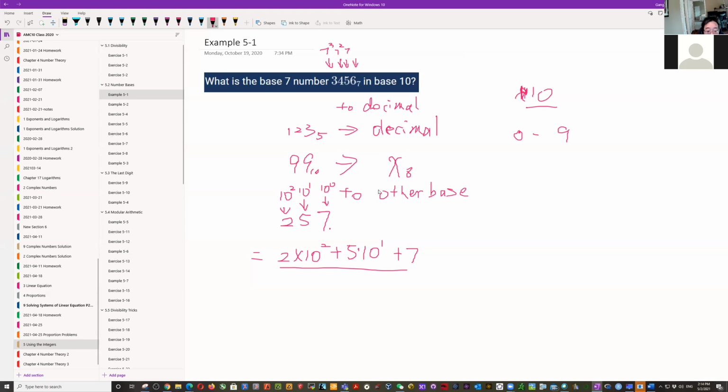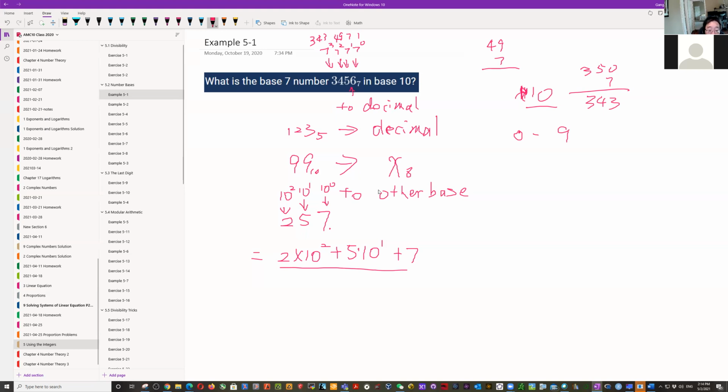To convert this into base 10, the easiest way is to just label it. If you have a different number system problem, label from the unit place: 7 to the 0 is 1, 7 to the 1 is 7, 7 squared is 49, and 7 cubed is 49 multiplied by 7, which is 350 minus 7, so 343.